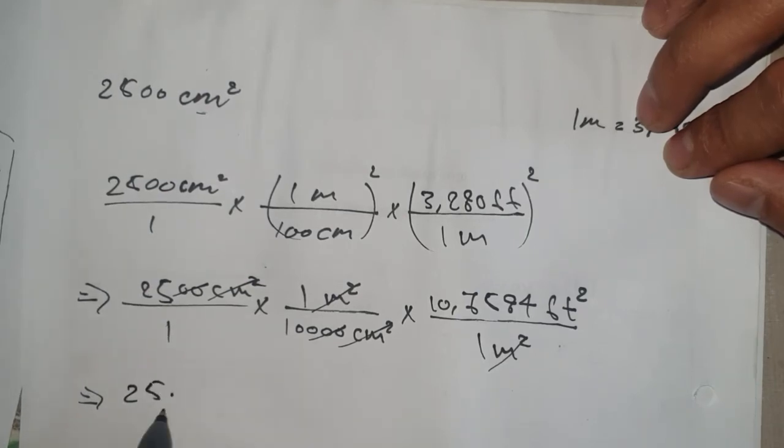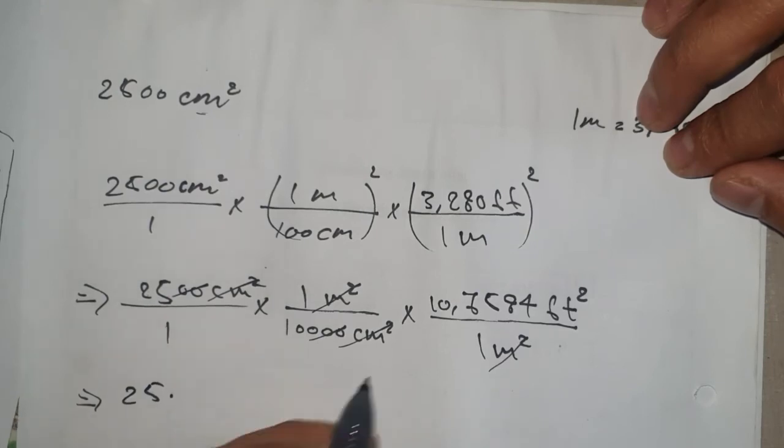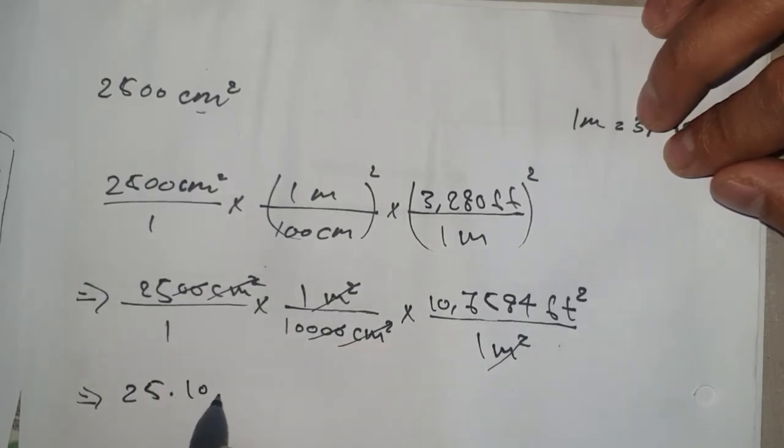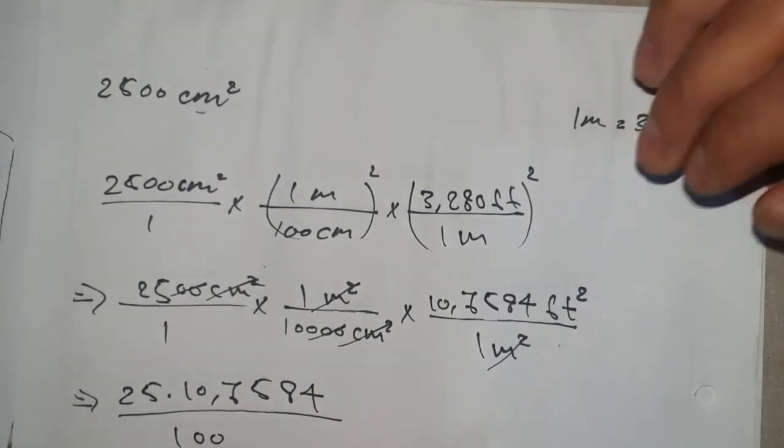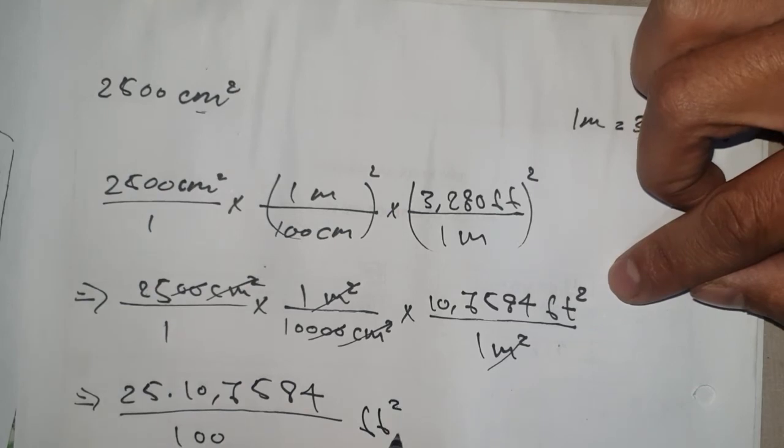Now we end up with 25 times 10.7584 divided by 100, and the last unit we end up with is feet squared.